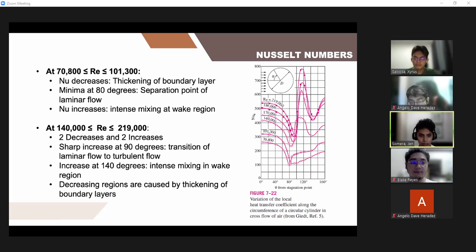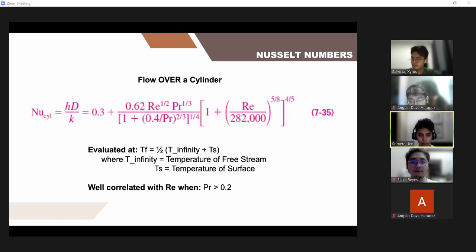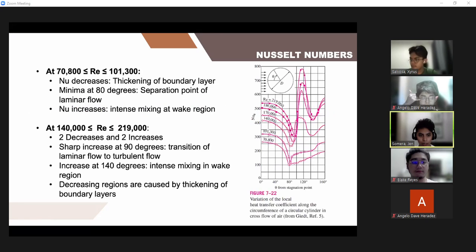It decreases in its heat transfer coefficient due to the thickening of the boundary layer. Then it reaches a minimum at approximately 80 degrees due to the separation point of the laminar flow. This then begins to rise as there is intense mixing in the wake region. As for the ones with Re equal to 140,000 to 219,000, there is a change in the behavior of the curves.